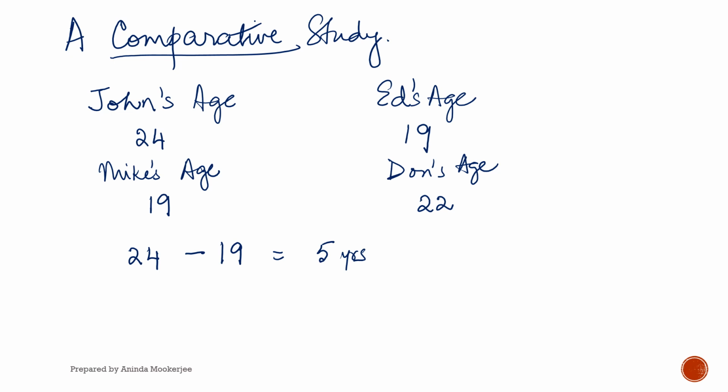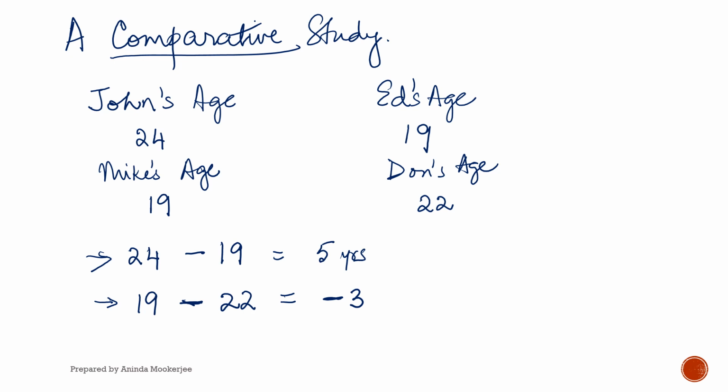Tell me who is older. You're going to take Mike's age, which is 19, and from it subtract Don's age, which is 22, and you're going to come up with a value of -3, correct? -3 is the difference.